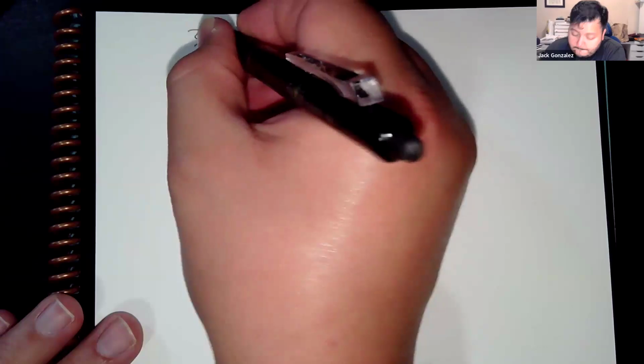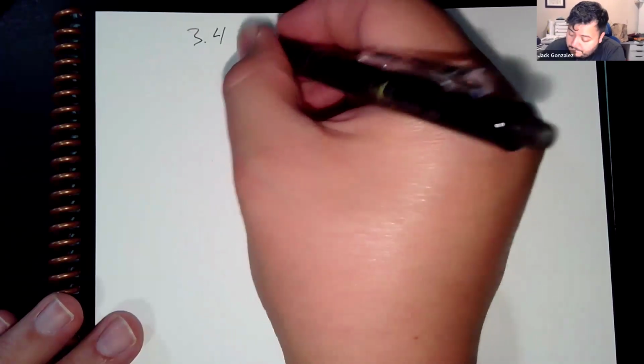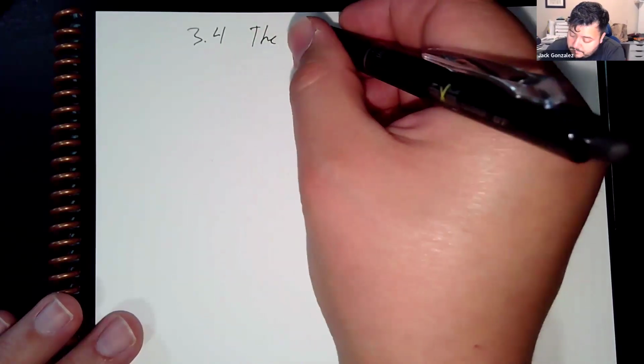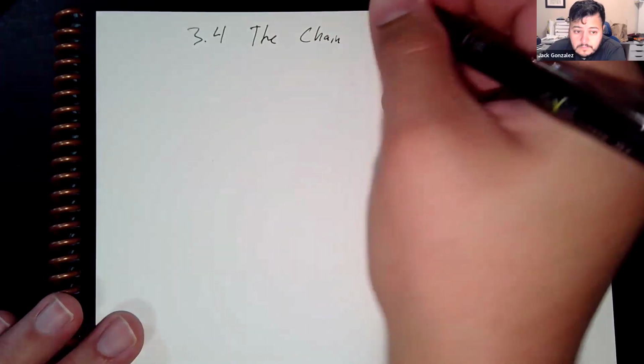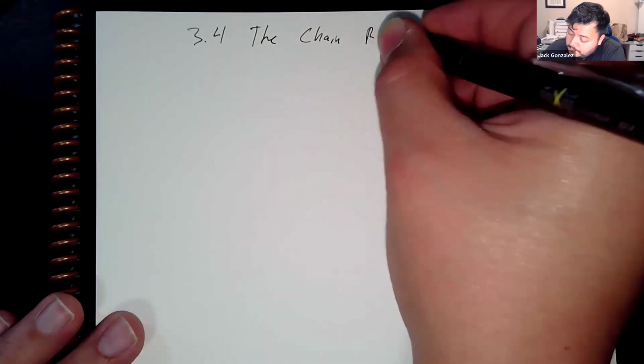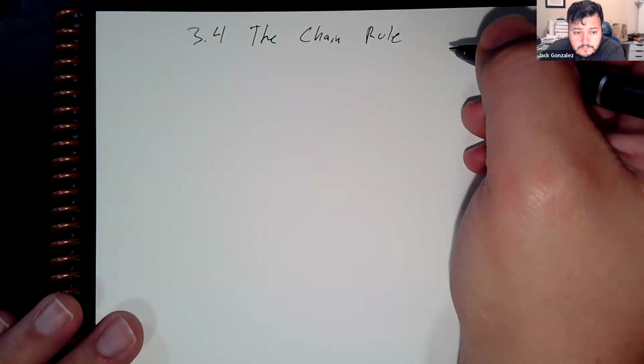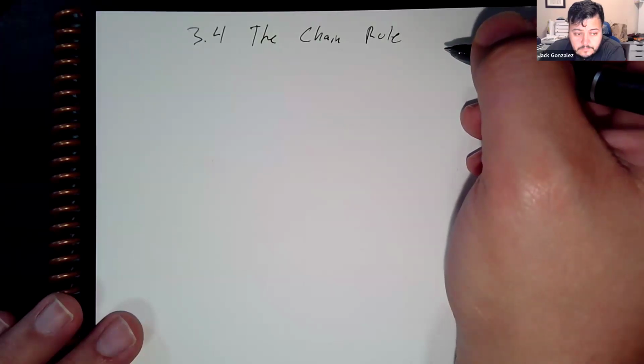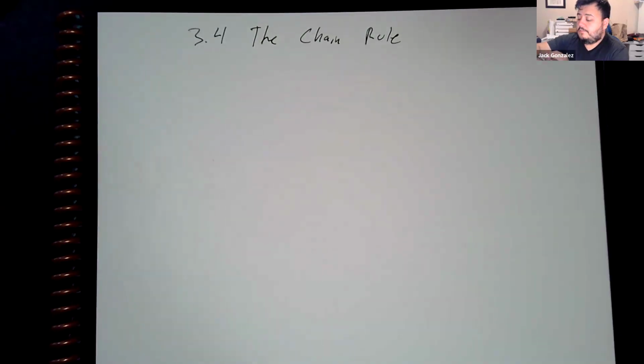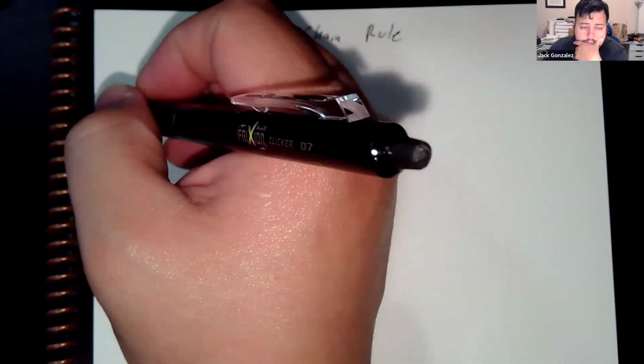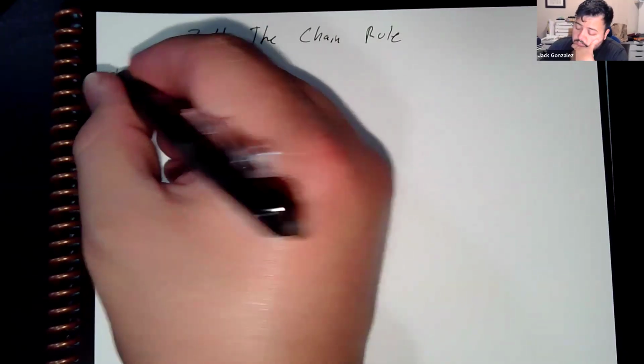3.4. All right, so this is the easiest way to think of the chain rule.